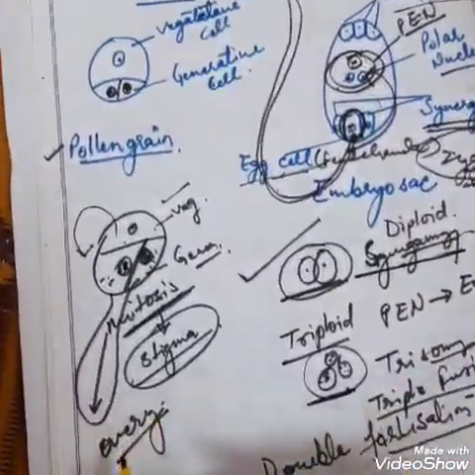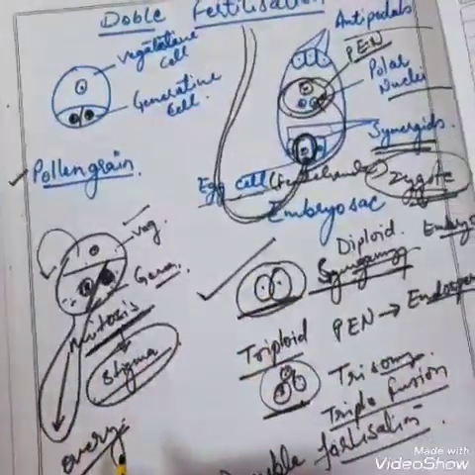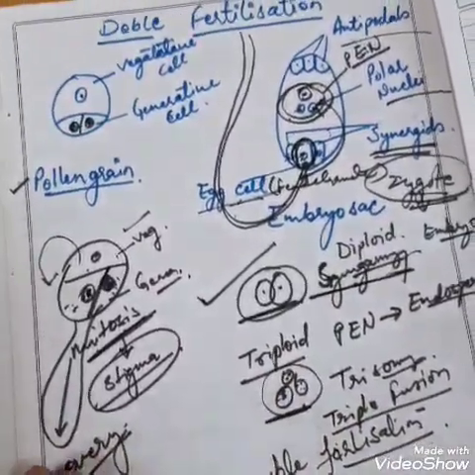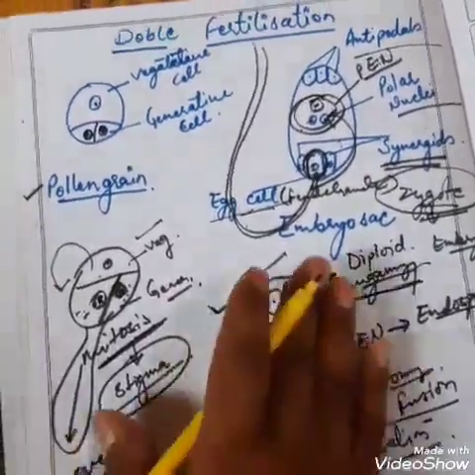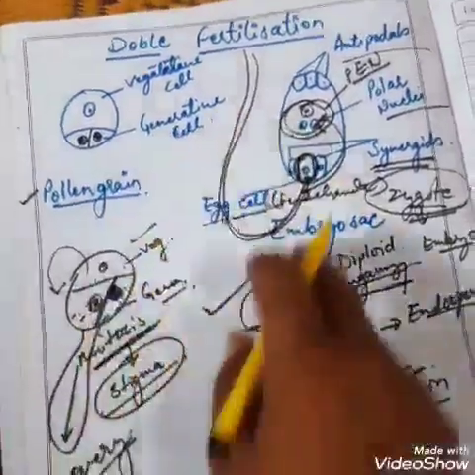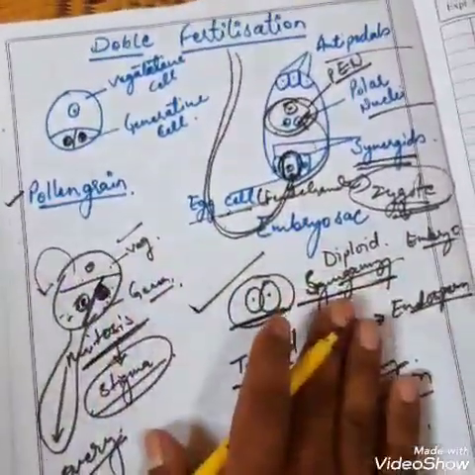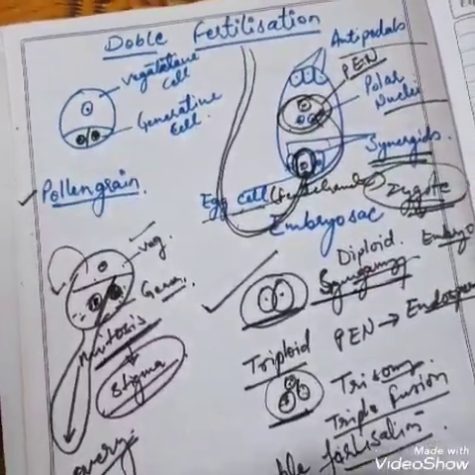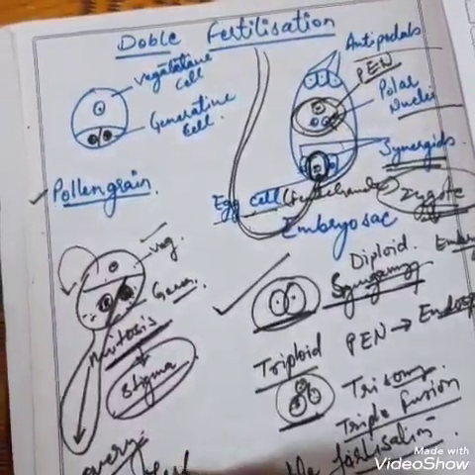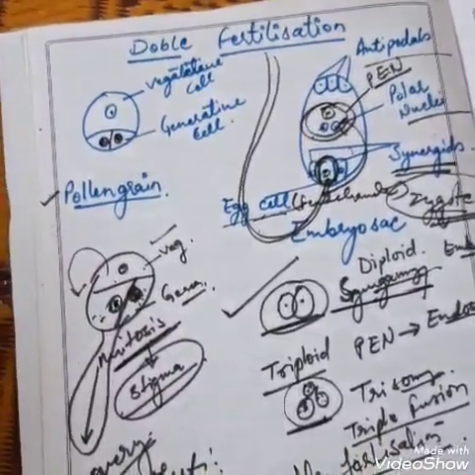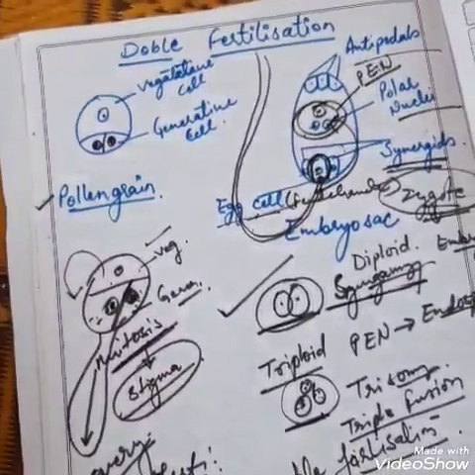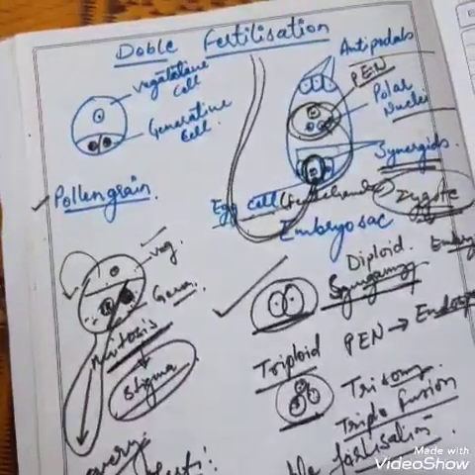Now, after fertilization the post-fertilization events start. Pre-fertilization we have already read, gametogenesis. Then comes the fertilization event, and now the post-fertilization stage. What happens in post-fertilization events? Number one, the ovary changes into fruit.